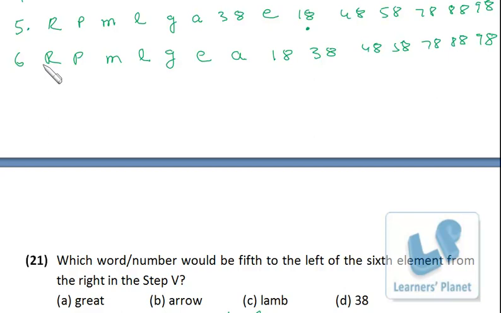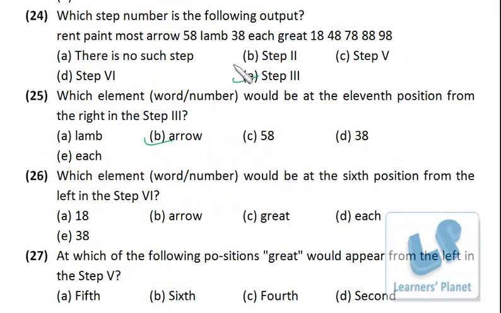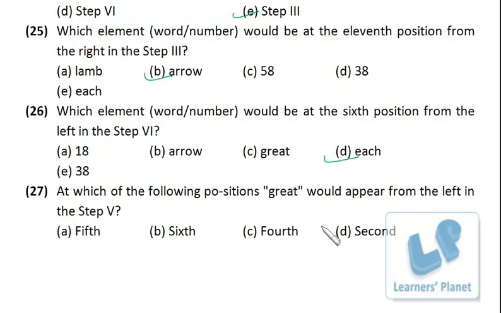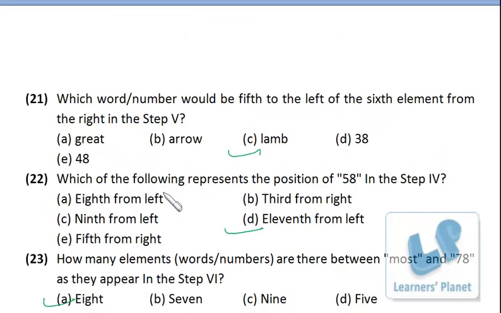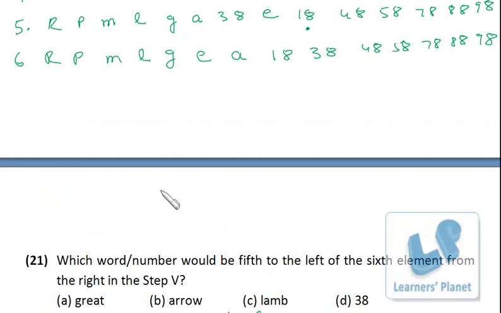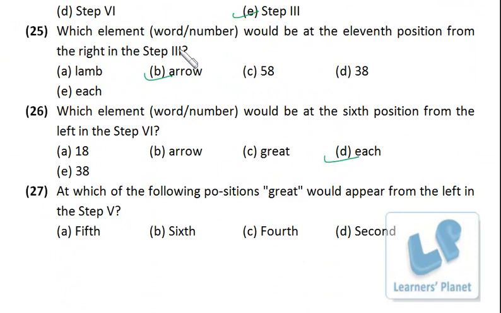So it's 1, 2, 3, 4, 5, 6, E. E, that means each. Okay, at which of the following positions would great appear from the left in step 5? Great, step 5. It's 1, 2, 3, 4, 5th.